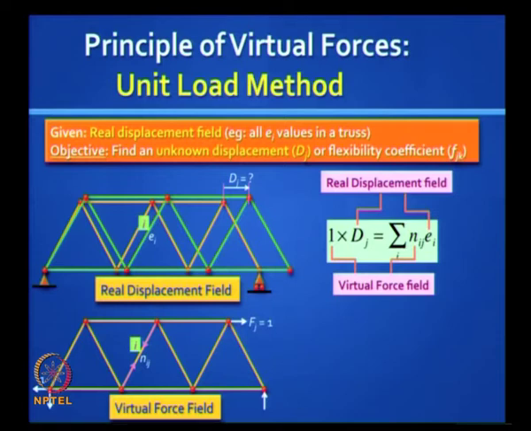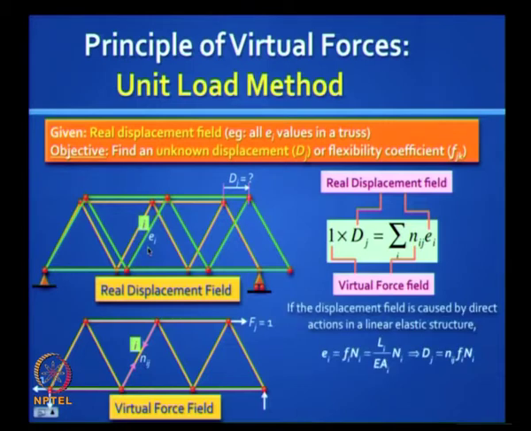Okay, that is a notation we will use consistently, and ei is the elongation in the ith bar. Is it clear? Those arrow marks should make it clear. This is Nij in the ith bar, this is ei in the ith bar, and we are just multiplying them for all the bars and summing over i.